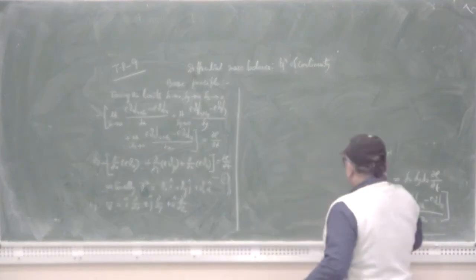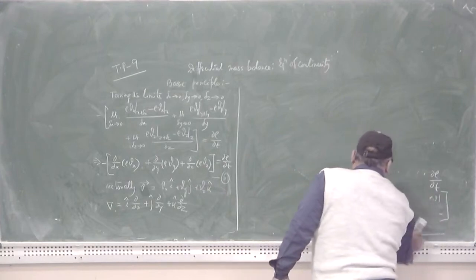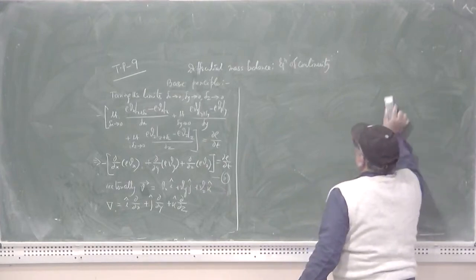So, try to evaluate this del dot V, because this is the dot product of two vectors.